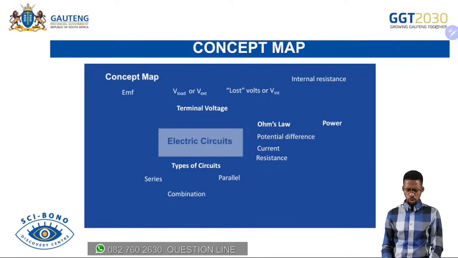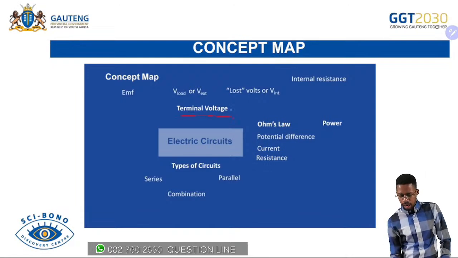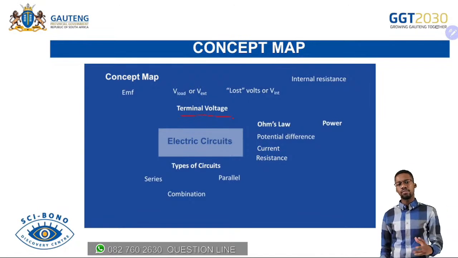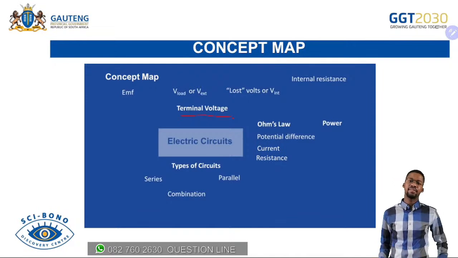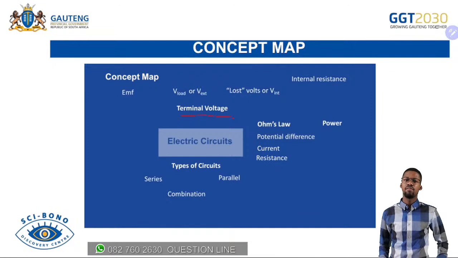So when we talk about circuits, we need to bear in mind terminal voltage. Terminal voltage is the potential difference across the circuit, the total voltage across V external, V load.